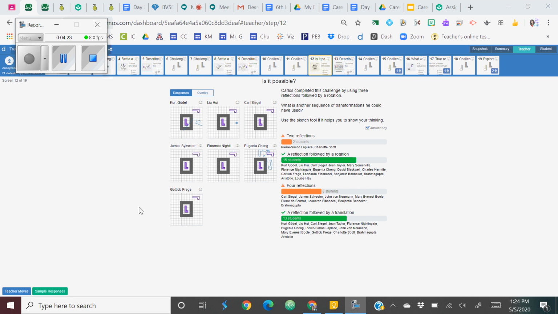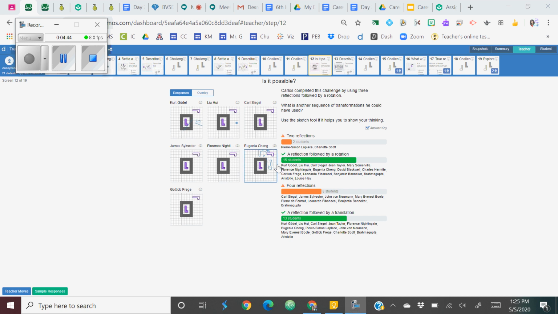And you can see on the next slide, it was a question about the different possibilities. Most people selected a reflection by a rotation or a reflection by a translation.